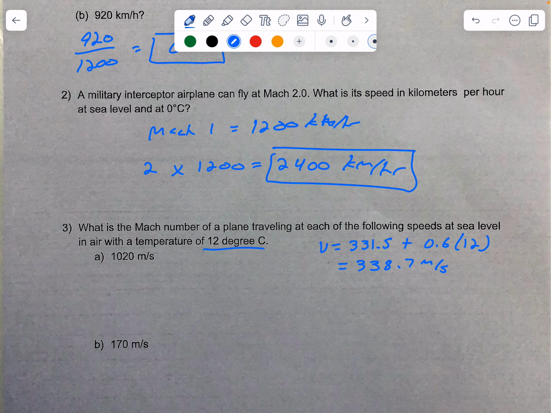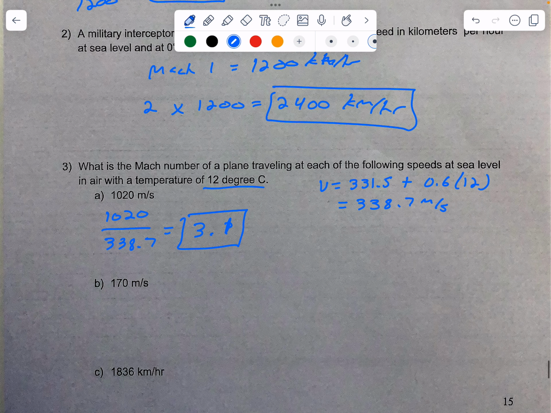So at 1,020, 1,020 divided by 338.7, that means I'm going about Mach 3.1. So that would be considered supersonic. For 170 meters per second, 170 divided by 338.7 gives me 0.5 Mach. So that would be subsonic.